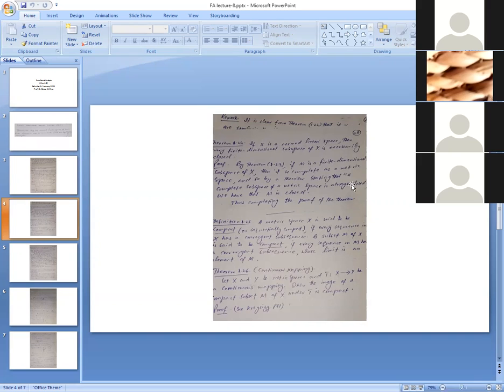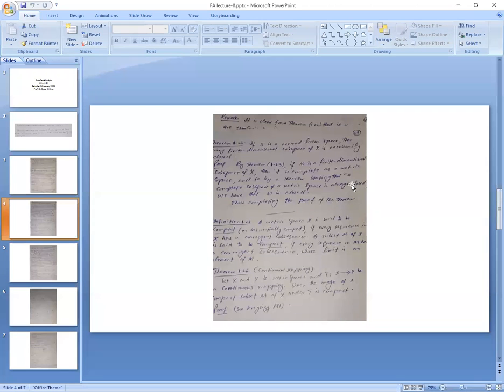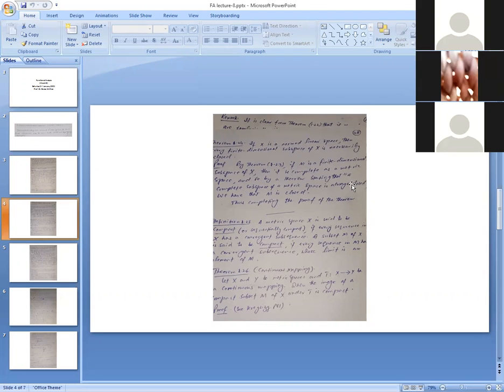If you consider any sequence in M and that has a convergent subsequence converging to some limit and that limit also belongs to the subset, then the subset will be compact. Now there is a slight difference here. When is a metric space compact? It is compact if you consider any sequence in the metric space and that has a convergent subsequence.